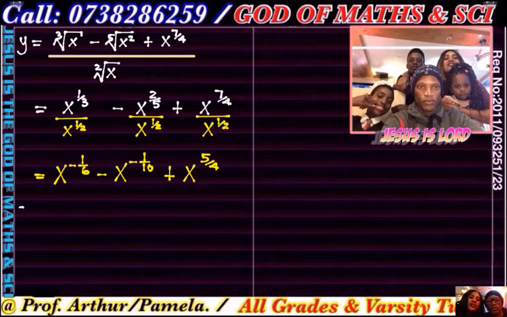Now you can write dy over dx equals, when I bring this one in front, it will be negative 1 over the 6 times x. Remember, you're going to minus the 1 there, isn't it right? So it's going to be, I believe it's minus 7 over the 6. Just double check me. Minus 1 over the 10 times that one.